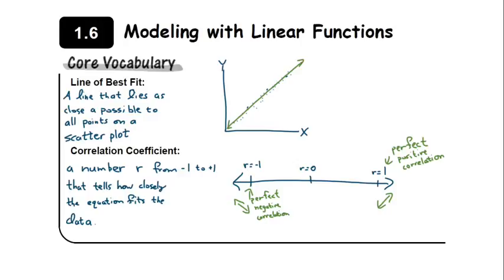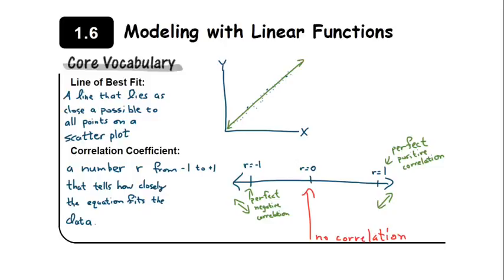Okay? 0 is no correlation whatsoever. All right. There's no correlation whatsoever. It means the line and the data points essentially have nothing to do with each other.